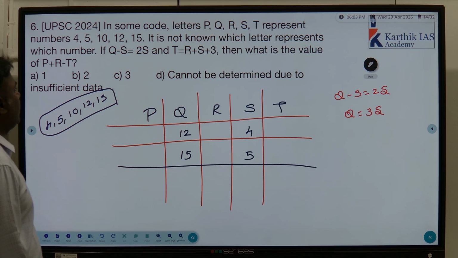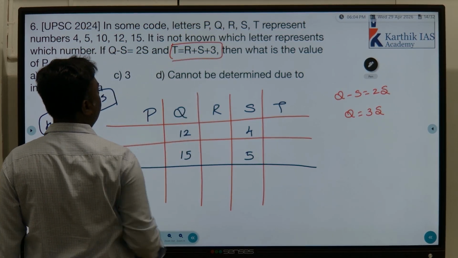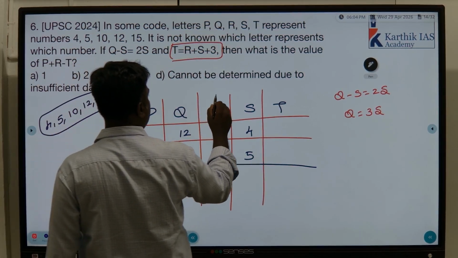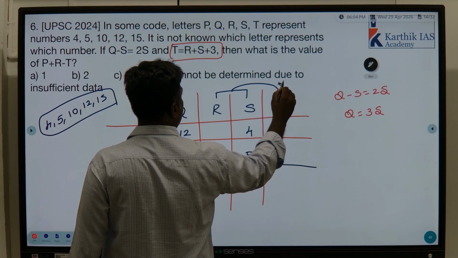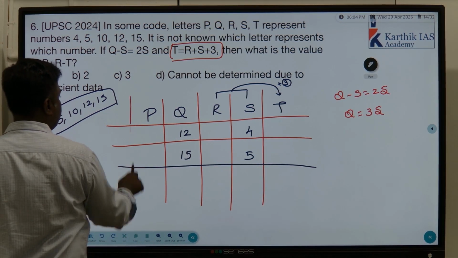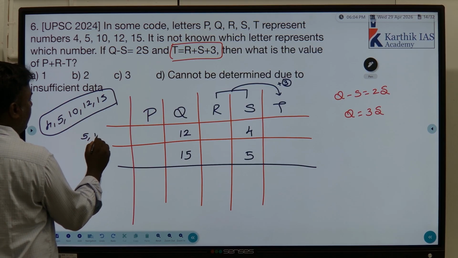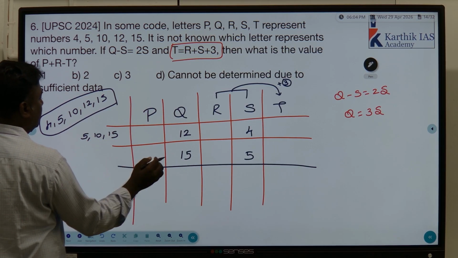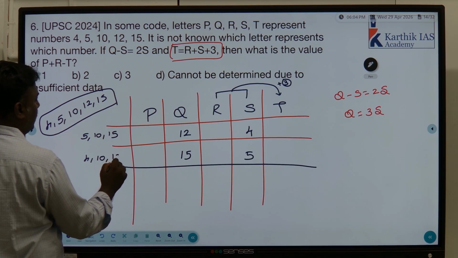Each one is coded with a similar one. So T is equivalent to R plus S plus 3. R plus S, these two together, plus 3. Now, what are all the options we have? Other than 12, 4, 5, 10, 15 is possible. Other than 4, 10, 15, 12 is possible.